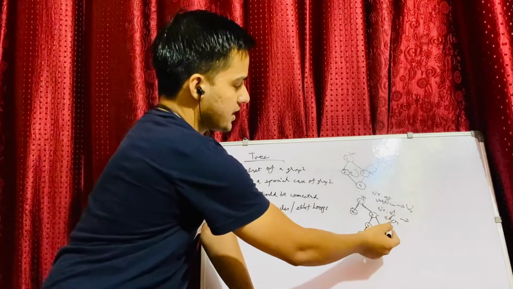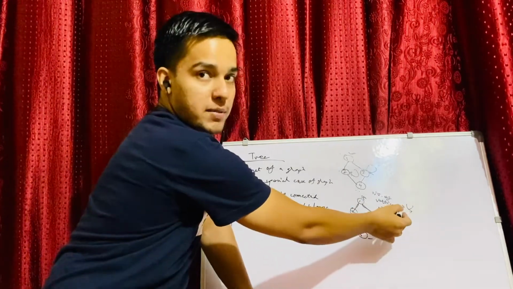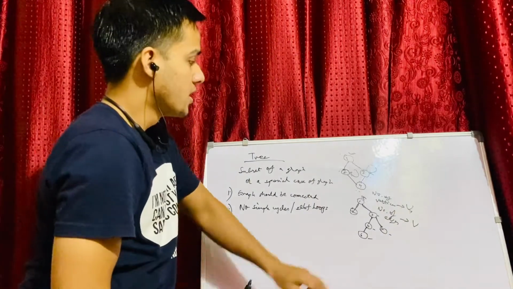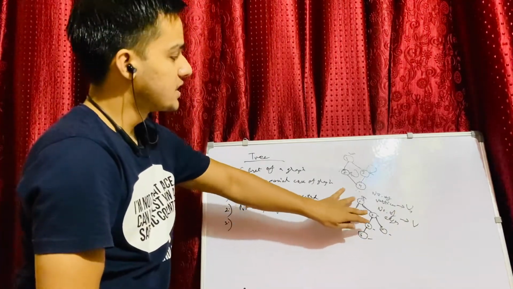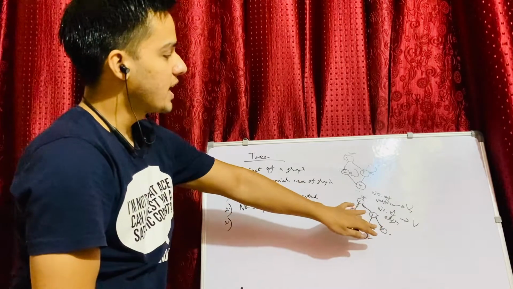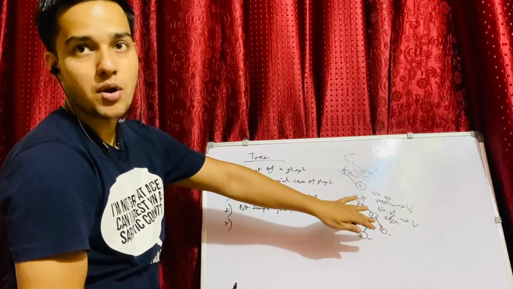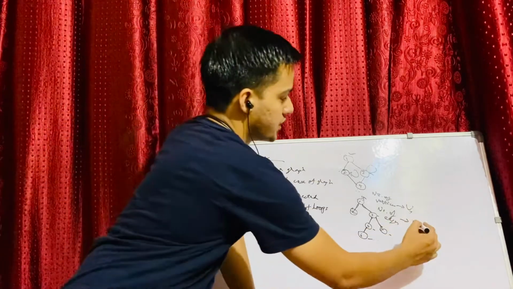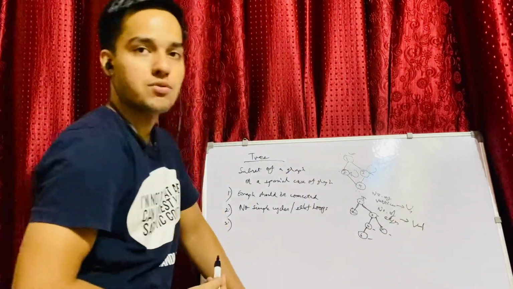So the number of edges should depend on V, because there are V vertices, and each vertex has an edge pointing to it from its parent, apart from one node which is my root node. So it should be exactly V minus 1.